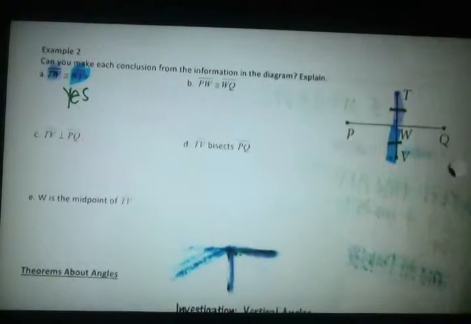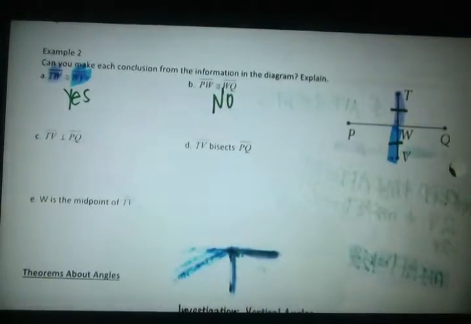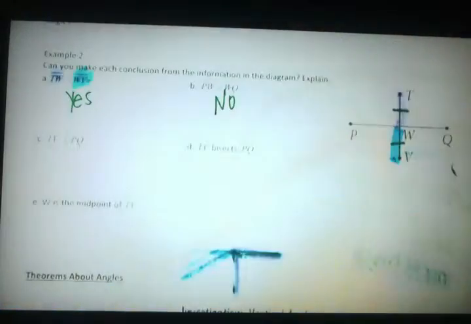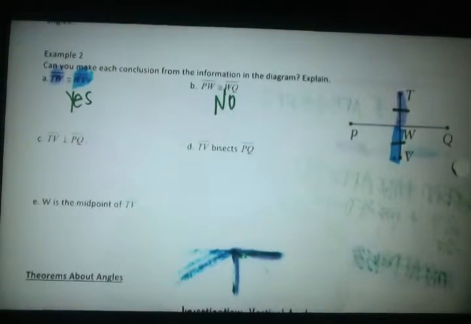Okay? What you can't do is say PW is congruent to WQ, because they do not have a mark through them. Even though it looks like it might be congruent, you cannot assume. So here, no, they are not marked. Okay? If they had dashes on the other side and they were the same, then you can say yes. Okay?